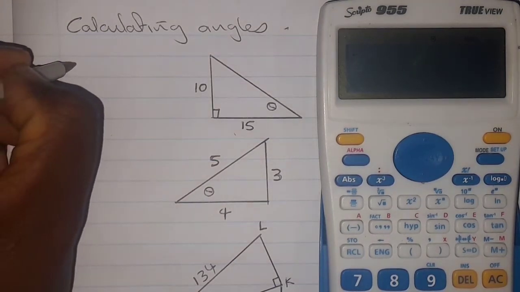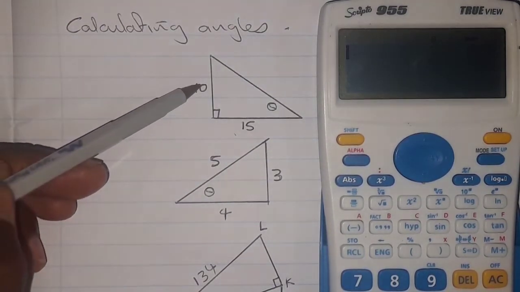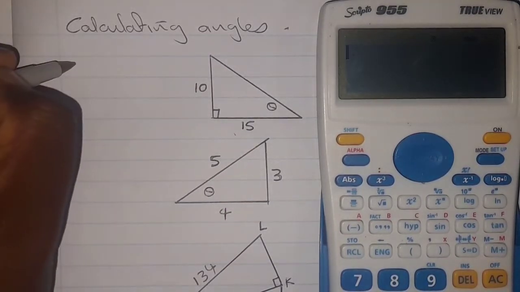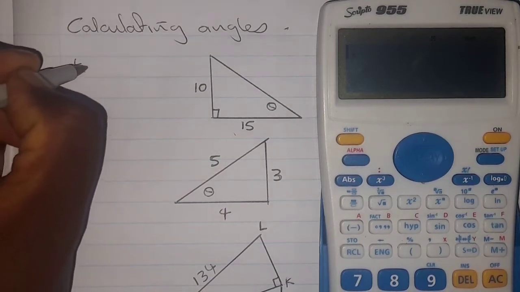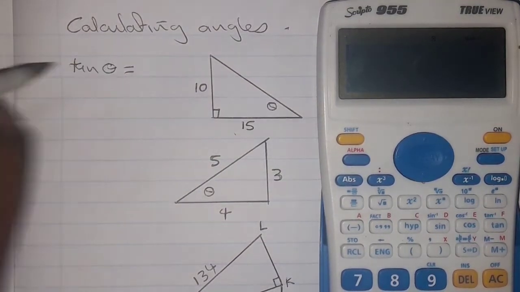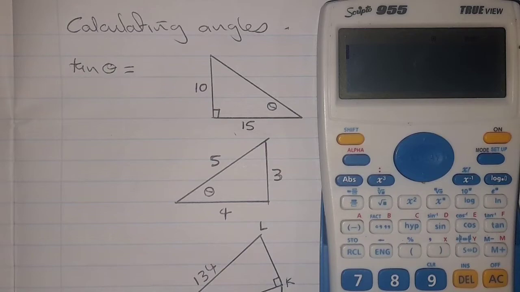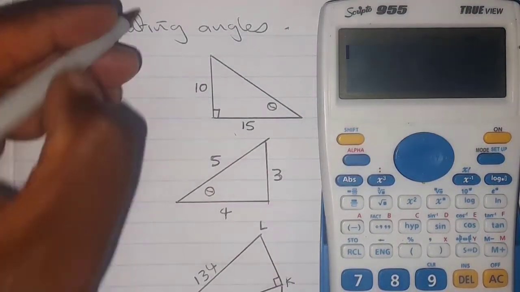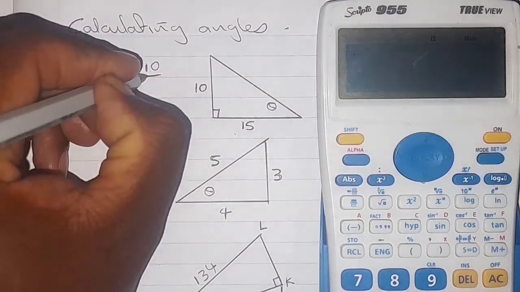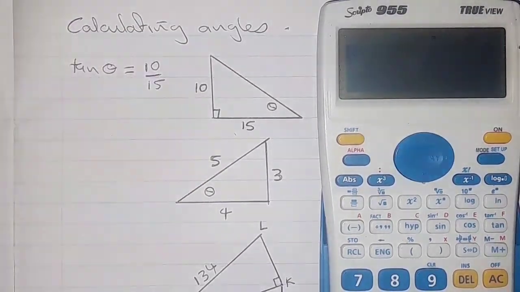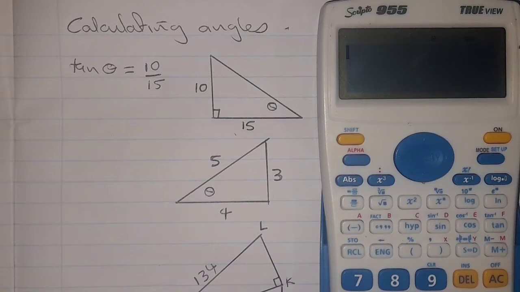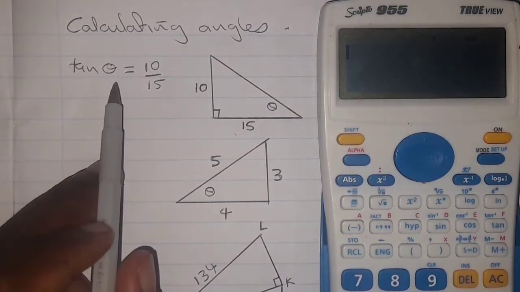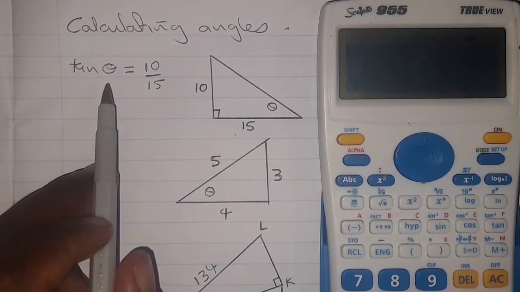We agreed that if we have opposite and adjacent, that is tan theta. Tan theta is equal to opposite over adjacent, that is 10 over 15. Now, how do we get theta from what we have? We are supposed to do the inverse procedure.